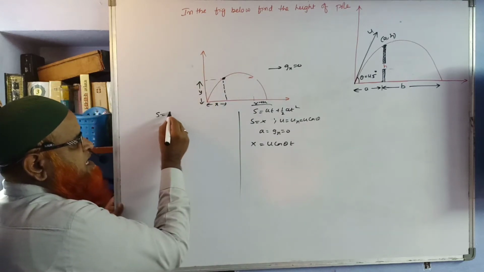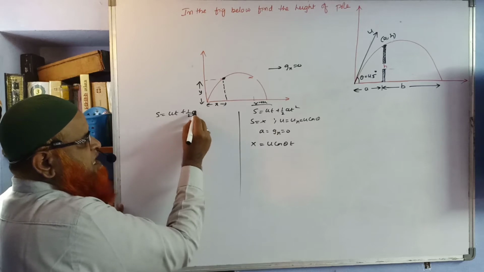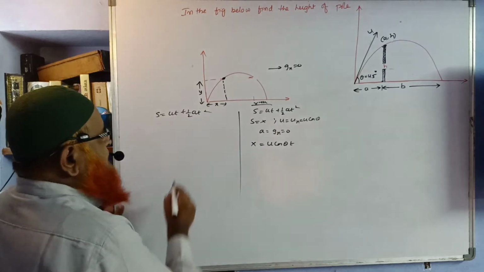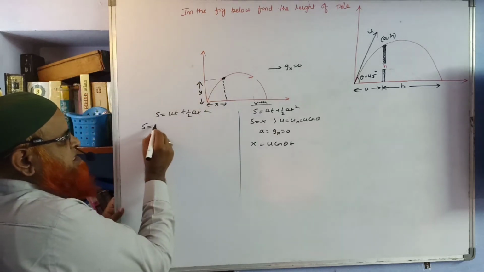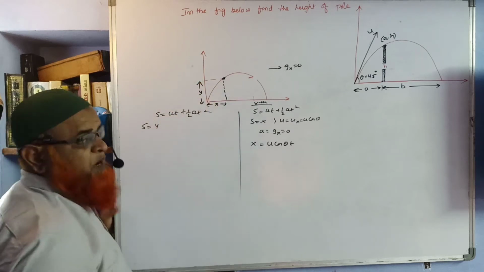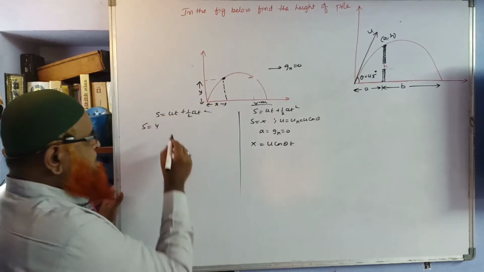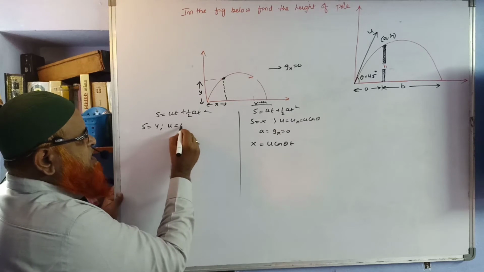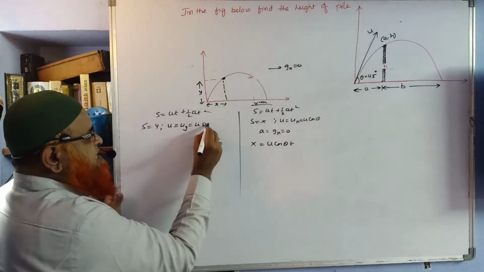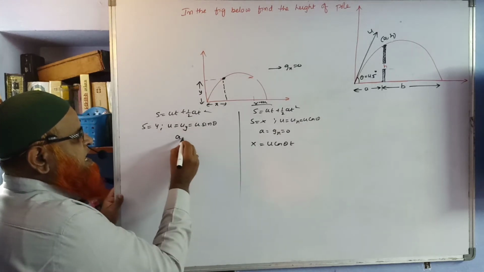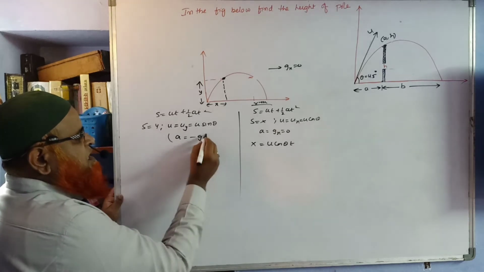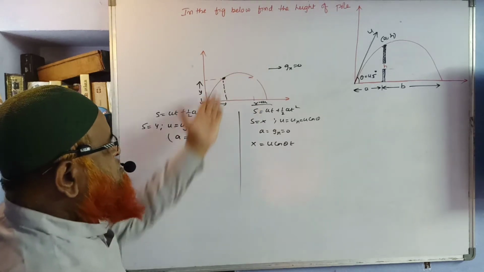The same formula, right? s = ut + (1/2)at². But along the y-axis, if you observe, the displacement is considered to be y over here. And u is considered to be uy, which can be written as u sin θ. And a is considered to be minus g here, because you are throwing a body against the gravitational force.